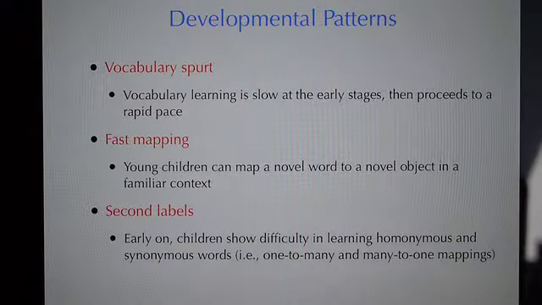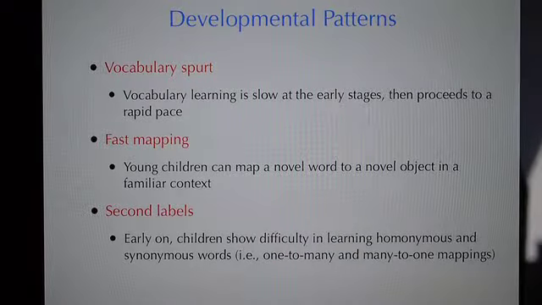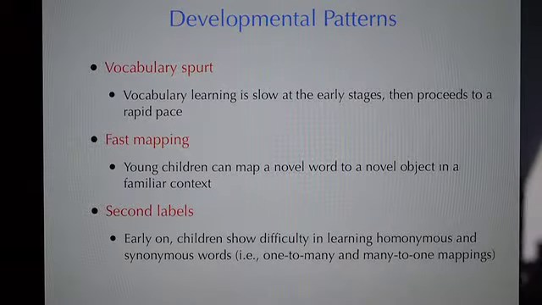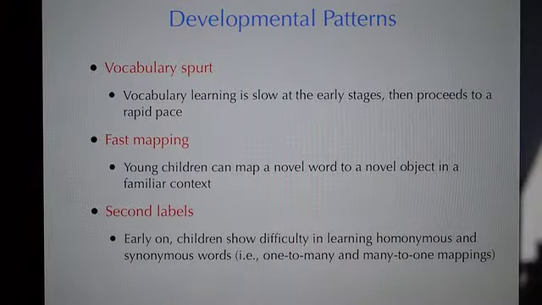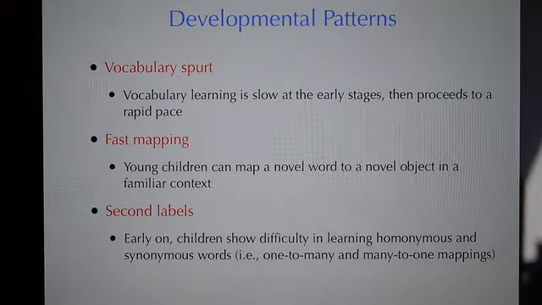For example, it has been shown that learning the meanings of words is very slow at the beginning, but then suddenly children seem to take off. So they start by learning a couple of words per week, and then they reach a stage where they learn several words per day. And this goes on for a while and then slows down again. This is called vocabulary spurt, and that needs an explanation again based on our theoretical account of word learning.